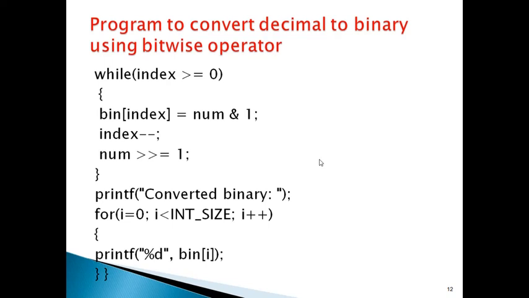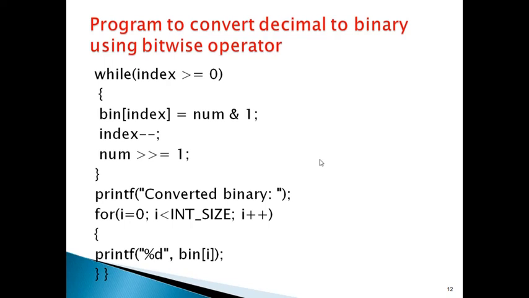Within the while loop, bin[index] is equal to num AND 1. Then decrement the index value and right shift the num. This process is repeated until the condition becomes false. After executing this loop, we will get the entered number in binary format.